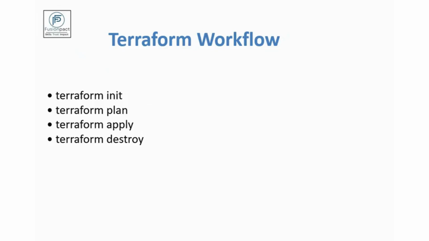After that, terraform plan shows us what output we are going to see after we apply the Terraform, what infrastructure is changing and how it is being created. Then terraform apply we use to create the infrastructure, and with the terraform destroy command we can destroy all the components which were created by the .tf files.